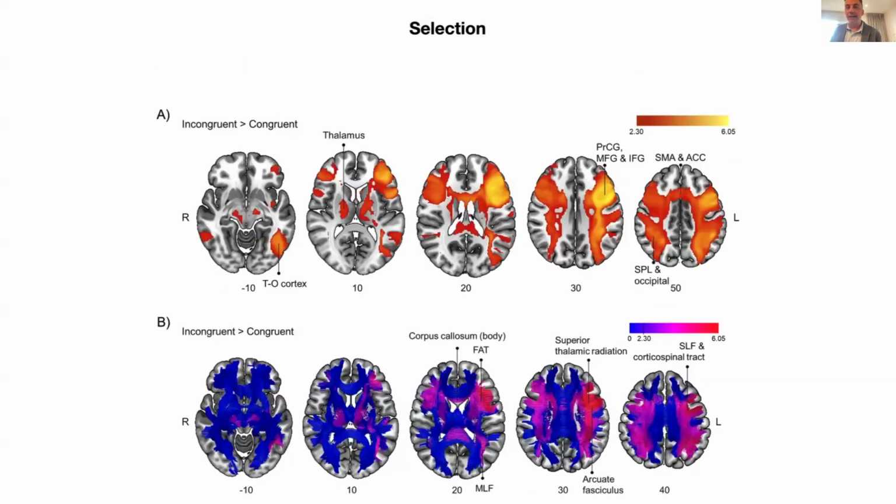And when you look at the selection, that's what I told you, that requires a conversion of these symbolic cues. Then you activate a lot of regions and a lot of networks, including the superior longitudinal fasciculus, but also the anterior thalamic radiation, and the corpus callosum for the integration between the two hemispheres. So you see how, simply by transforming the data, instead of a single region activated, you have a whole circuit.